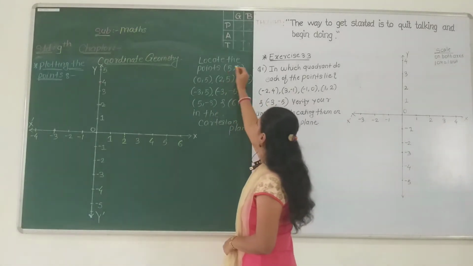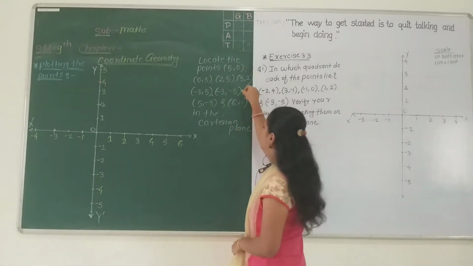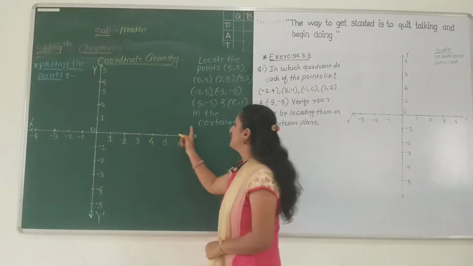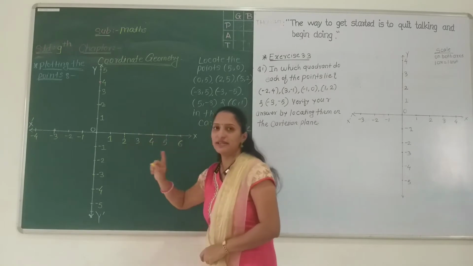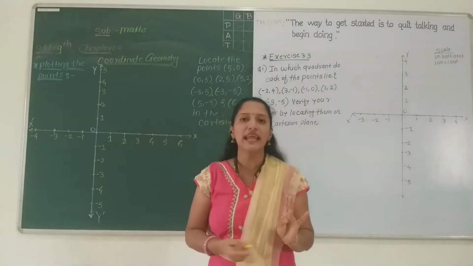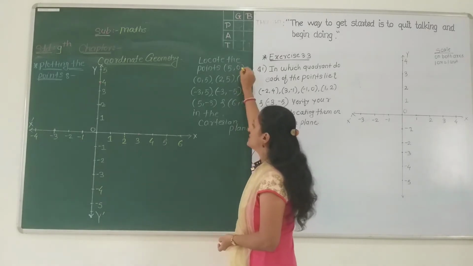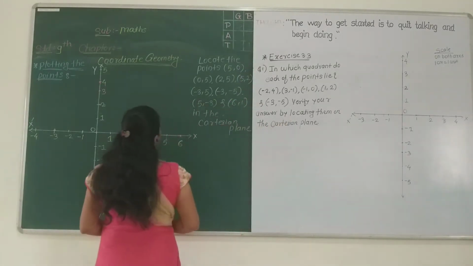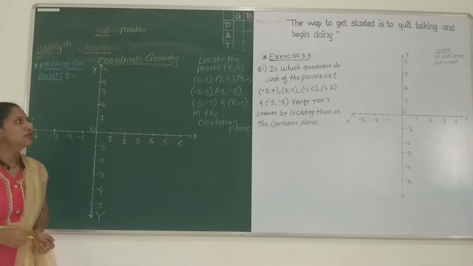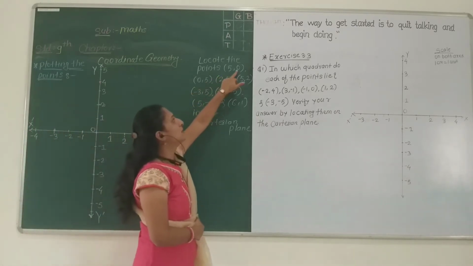Now we have to locate these points on this Cartesian plane. It is called Cartesian plane or xy plane. So we have to locate the points. The first point is (5, 0).